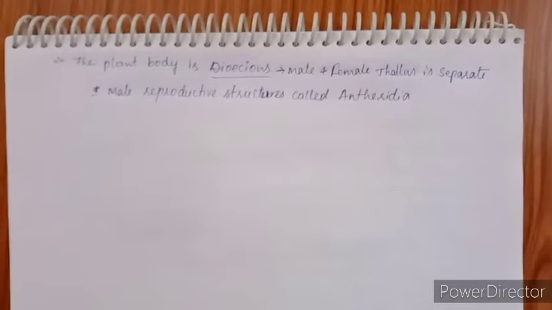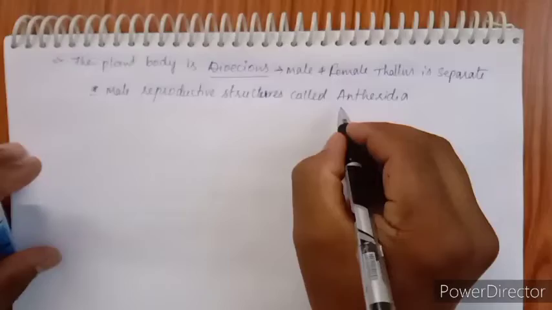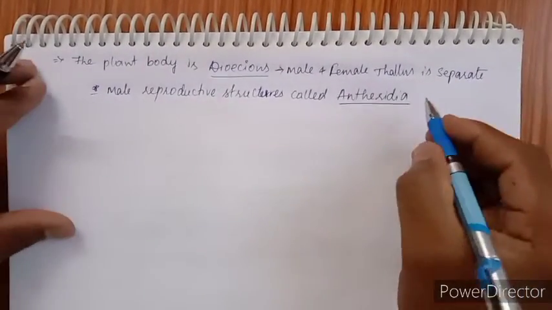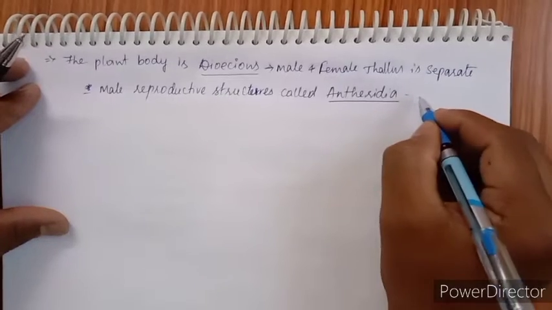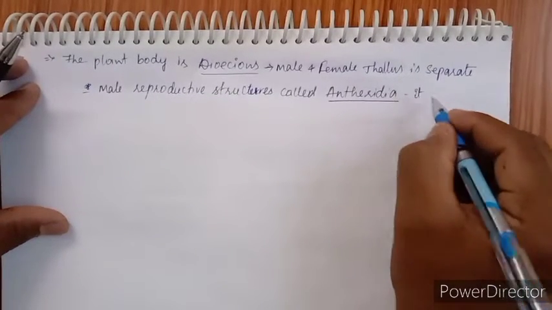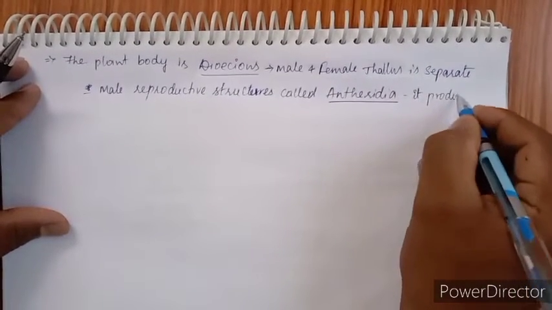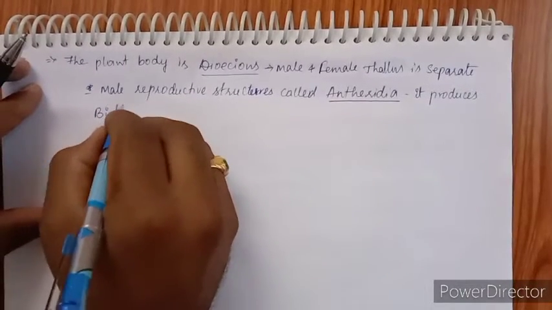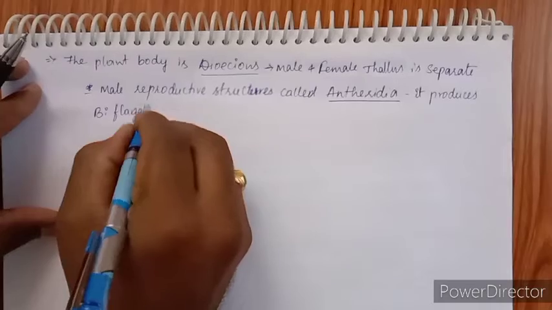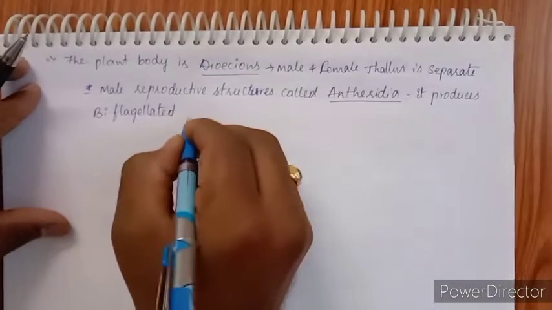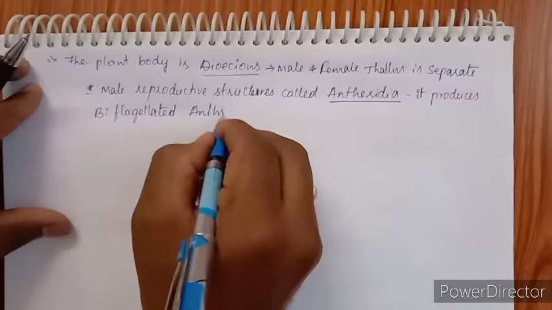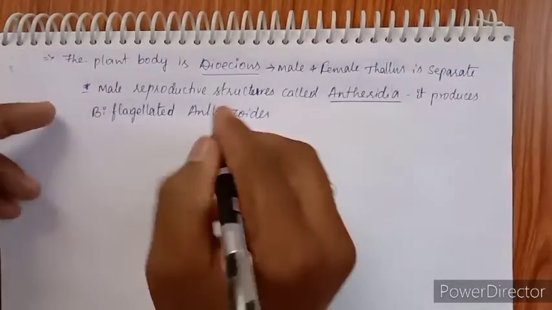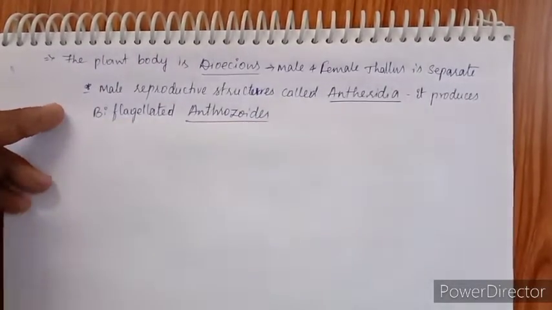These antheridia produce biflagellated anthrozoids. The male reproductive structure, antheridia, produces biflagellated anthrozoids. These biflagellated anthrozoids are the male gamete.